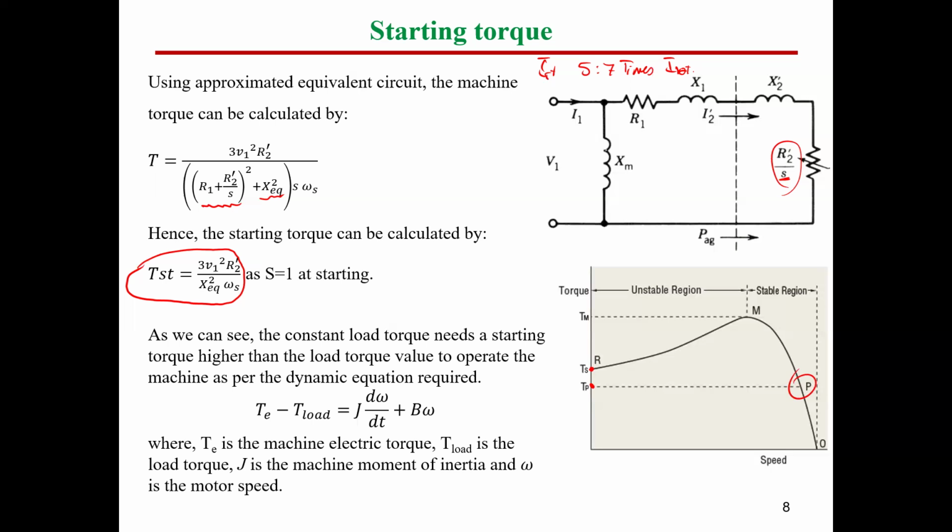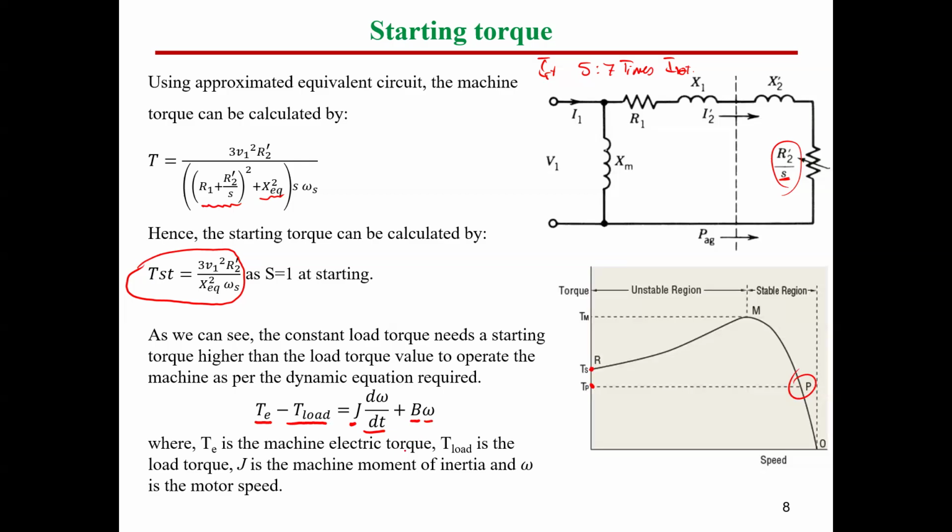Let's see that from the dynamic equation point of view, what is happening. The dynamic equation says T electric minus T load equals J d omega by dt, plus B times omega. J is the moment of inertia, d omega by dt is the rate of change of speed, B is the friction coefficient, and omega is the motor speed.